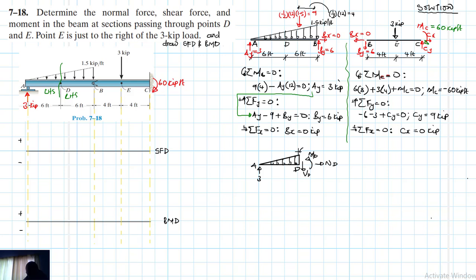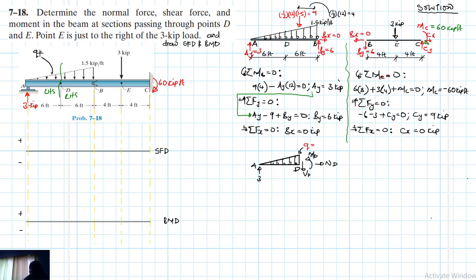Then this point here is our Q. Let's write it in red. This is our Q, defining the maximum intensity. So we need to write this load in terms of Q.